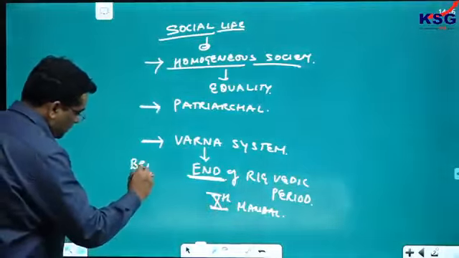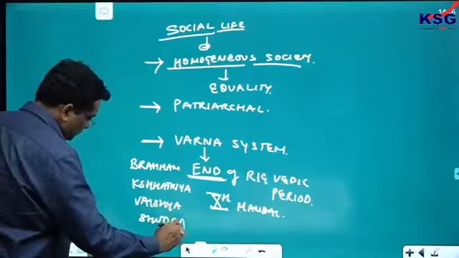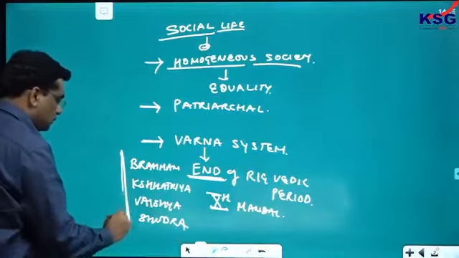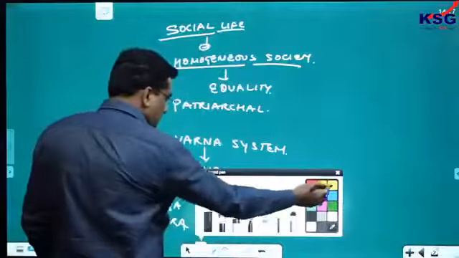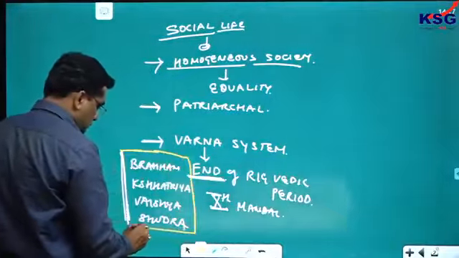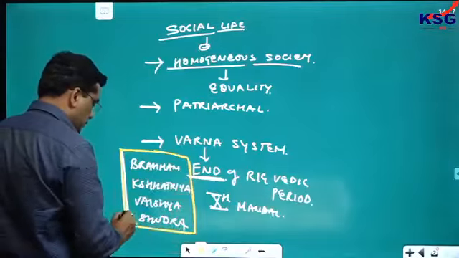Brahman, Kshatriya, Vaishya and Shudra. These are the four Varnas.